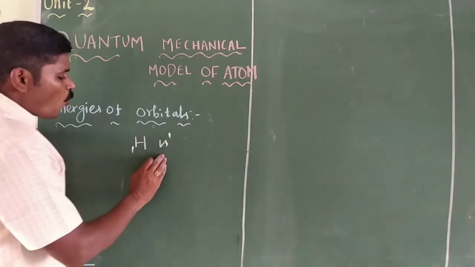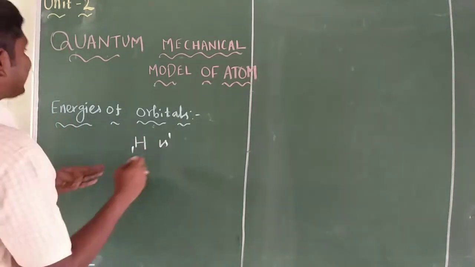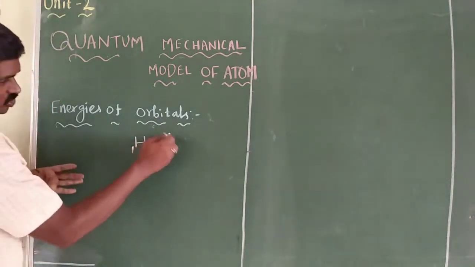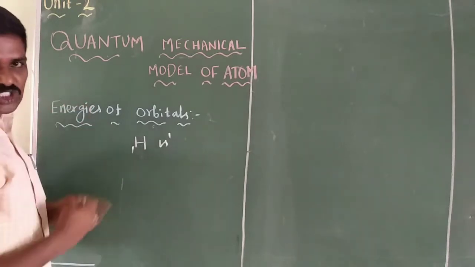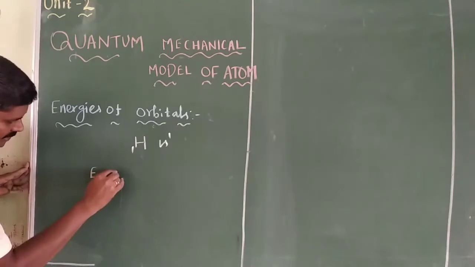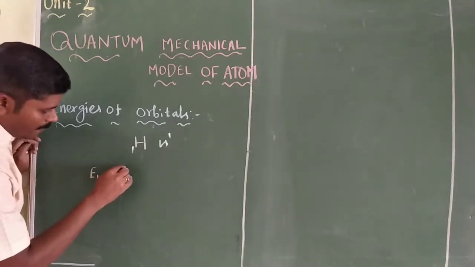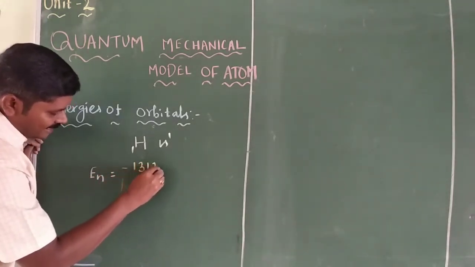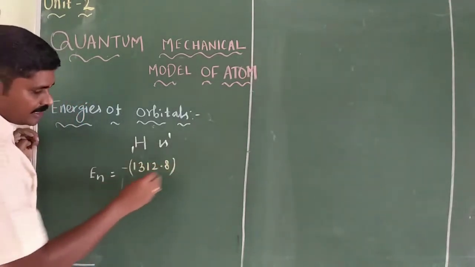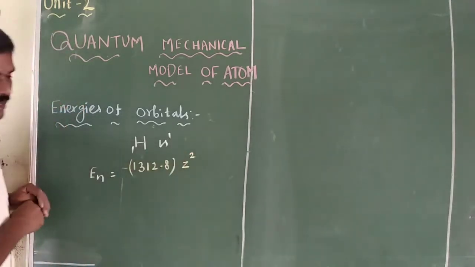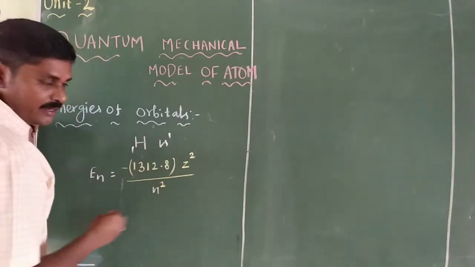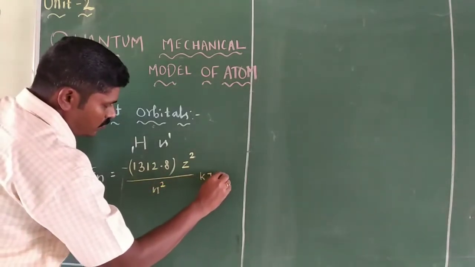For such a one electron system, the energy of the electron in the nth orbital is En equal to minus 1312.8 into Z square divided by n square kilojoule per mole.